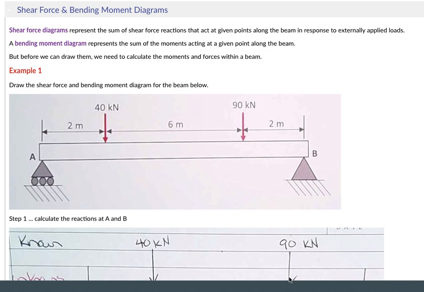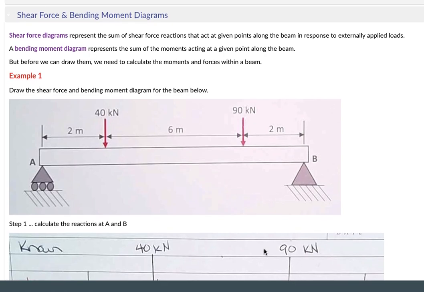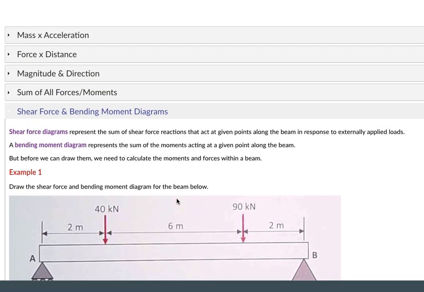So we keep on building our skills to get to the next level of answers required that you'll find in the HSC exam. If I come back up here, we started with mass by acceleration, force by distance, magnitude and direction, and those all helped us to work out calculating moments and forces within a beam, usually found in civil structures, but you can actually find this occurring within aeronautics as well.